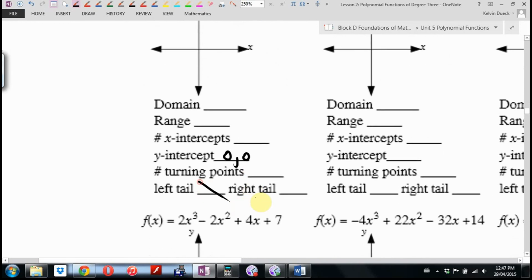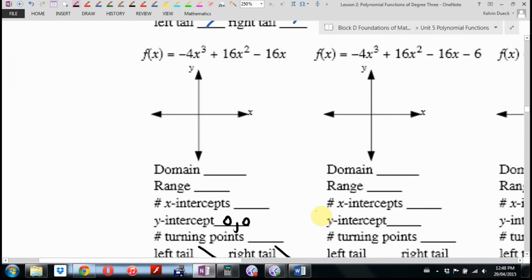It's going to be that way and that way. Right? Because negative. I'll give you one more. Look up. Is there an x in everything? That means if I did factor, I'd factor an x to the front. Who remembers when you had an x in the front of the brackets, what was the root? One of my x-intercepts is going to be a 0. All right, now let's graph it.